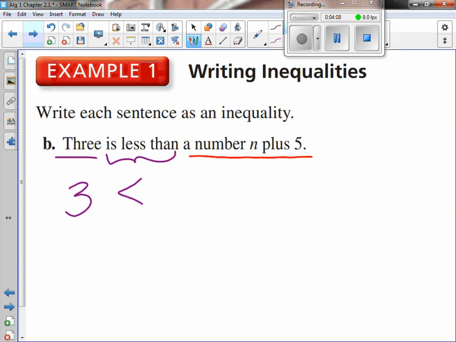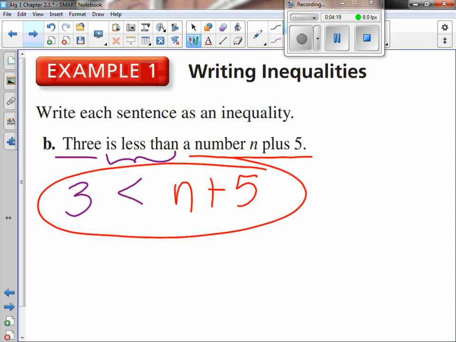So how would I write a number n plus 5? It'd just be n plus 5. That's all we have to do for this. We'll always read these left to right, in order. Questions on this here?